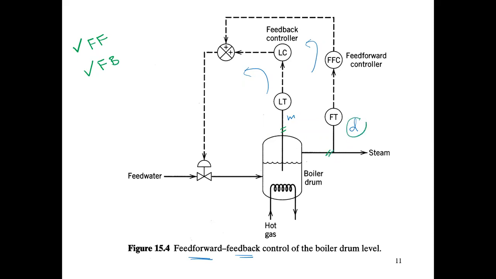So we are measuring the output, I was writing meter, I think, yeah. So the level is also being measured. तो अब हमारे पास फीडबैक और फीड फॉरवर्ड दोनों आ चुके हैं. ठीक है, यहाँ तक बात क्लियर है आप लोगों को?